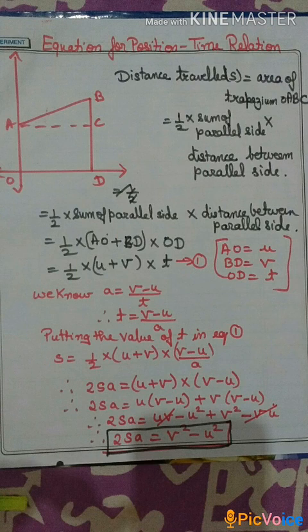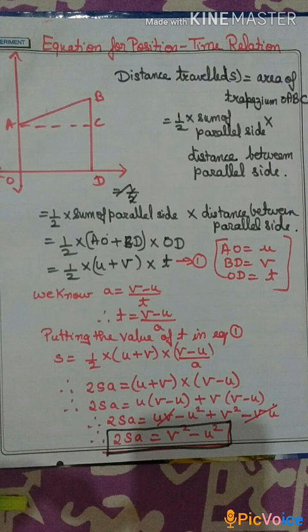Then the first equation can be simplified by putting the value of T: S is equal to half into (U plus V) into, I will put the value, that is (V minus U) divided by A.